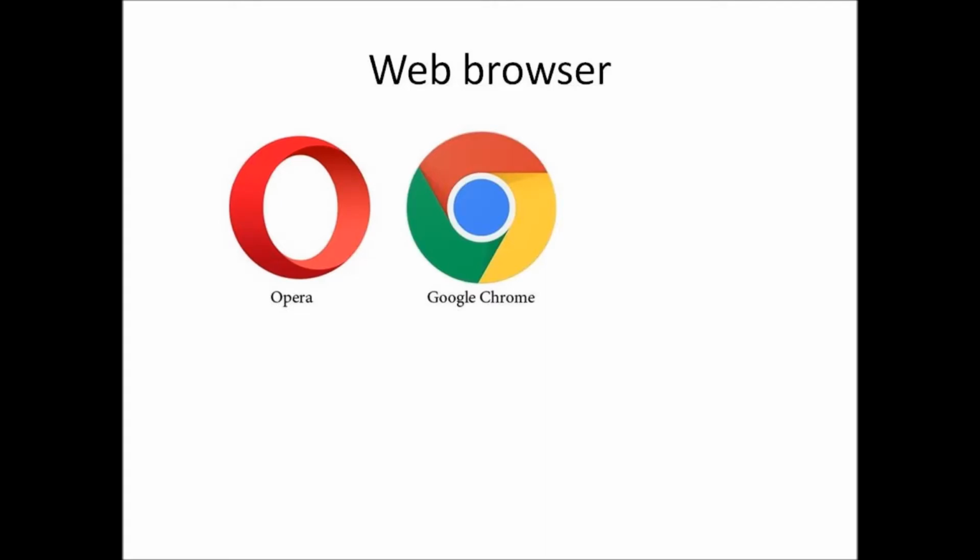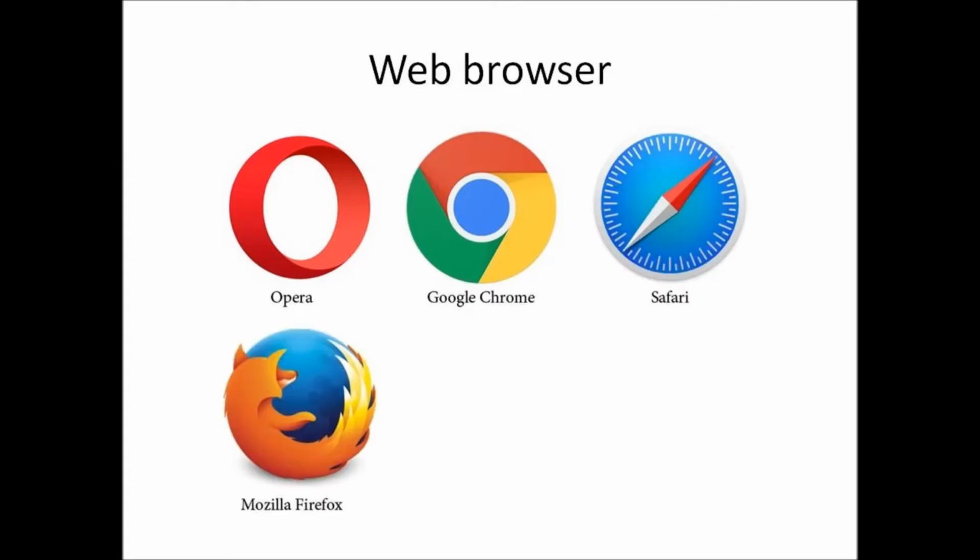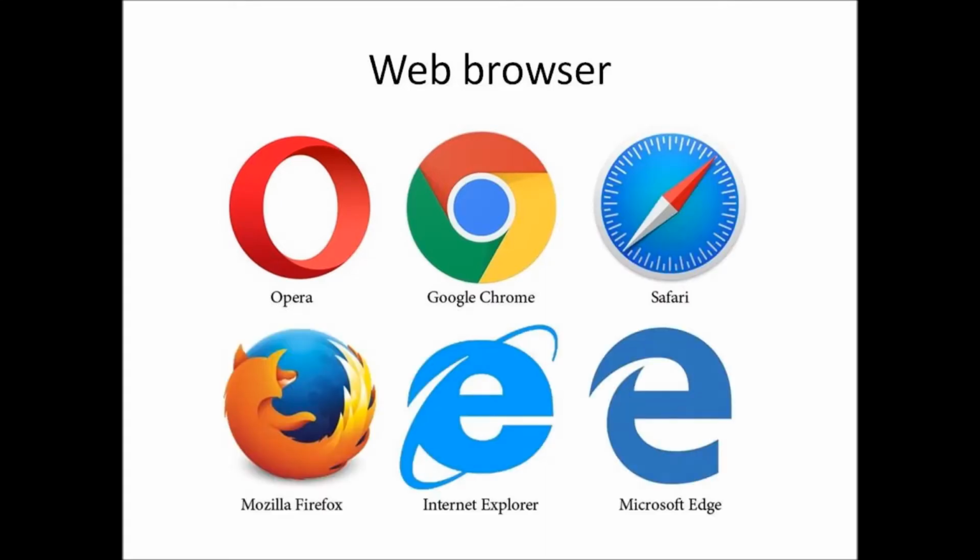For this purpose, we need a web browser. You can use any web browser like Opera, Google Chrome, Safari, Mozilla Firefox, Internet Explorer, and Microsoft Edge. A web browser is a software application that allows you to visit various websites on the internet and display their content on the World Wide Web, including web pages, images, videos, or other files on the computer.